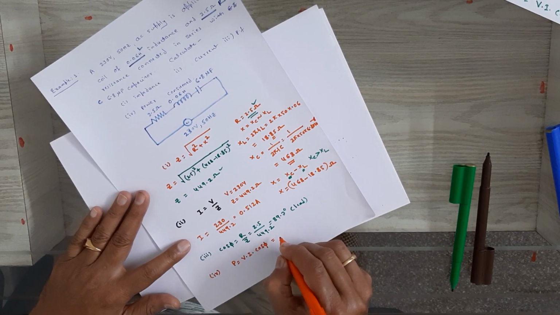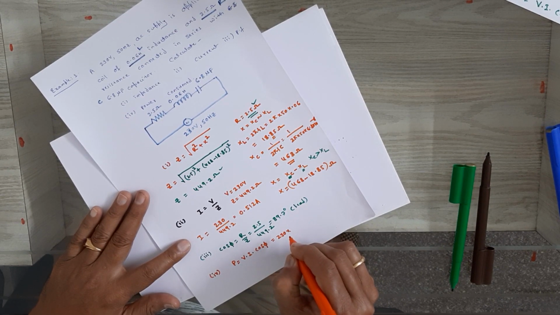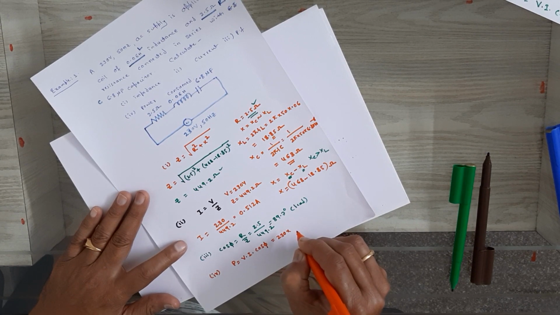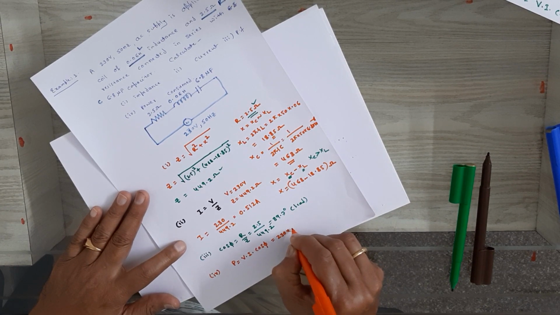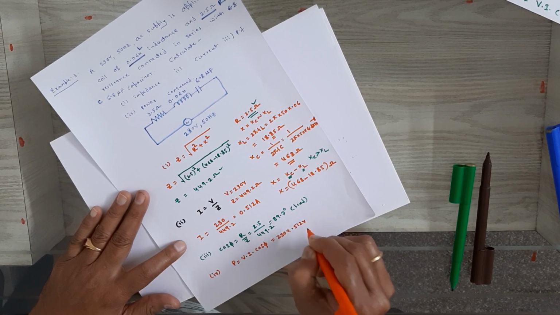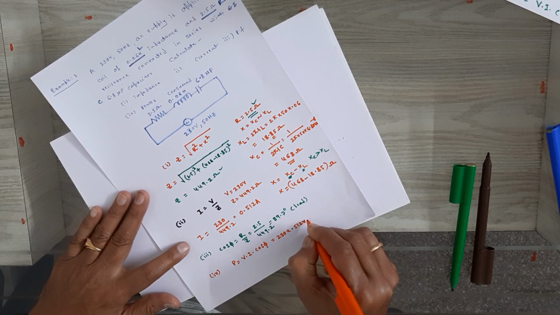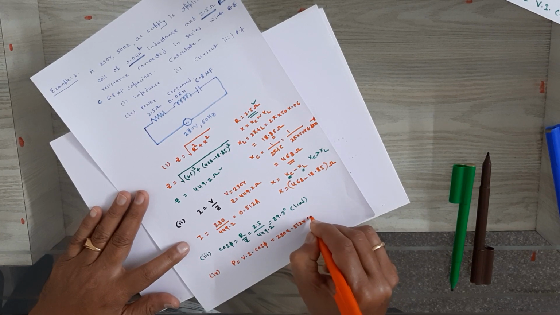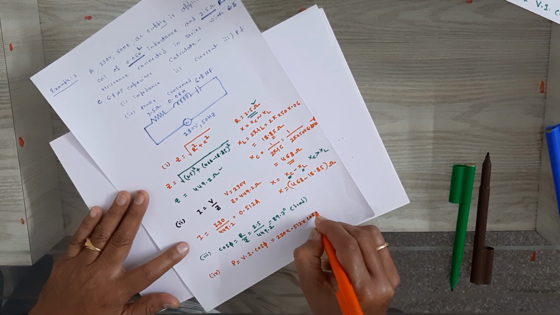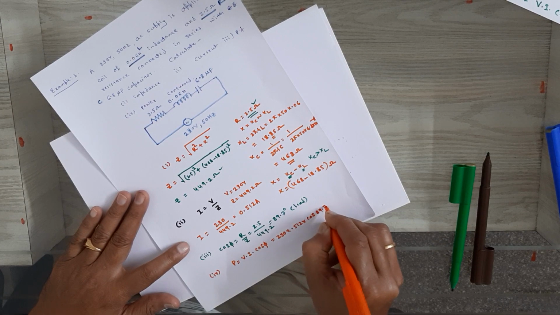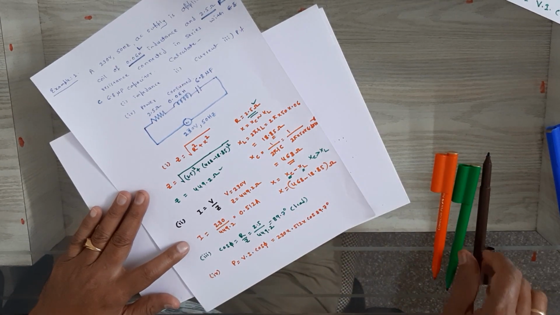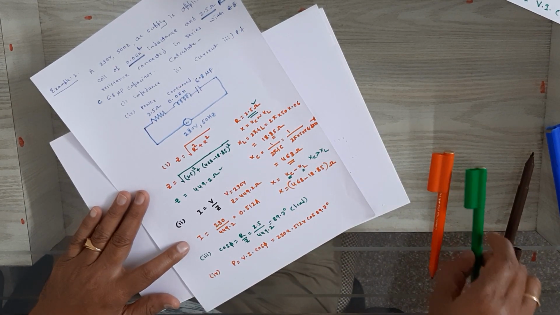V is 230 volts, current I is 0.512, and the power factor is cos of 89.7 degree.